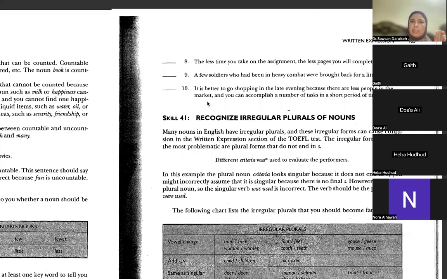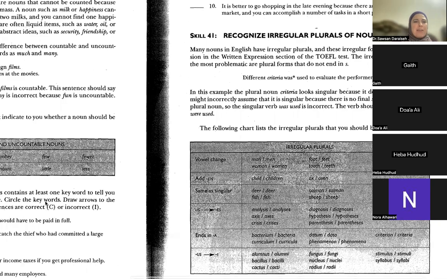In the market, you can accomplish, تقدر تنجز في المحلات, a number of tasks. A number means, you know, a few, really. Let's take a look at where number is placed so that you can remember this and never forget it.